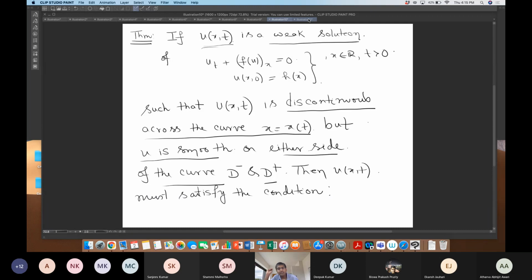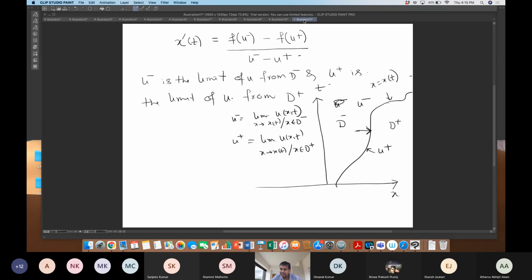Then the question is: if u has a discontinuity along the curve and u is a weak solution, then some necessary condition has to hold. The necessary condition is that x prime of t, the tangent at any point of the curve, should satisfy f(u minus) minus f(u plus) divided by u minus minus u plus.